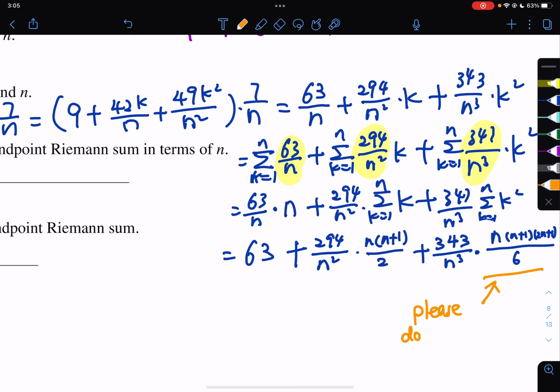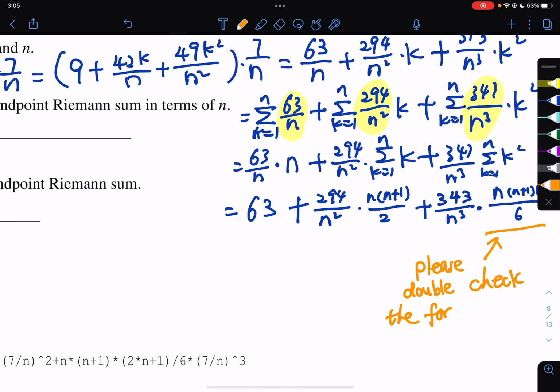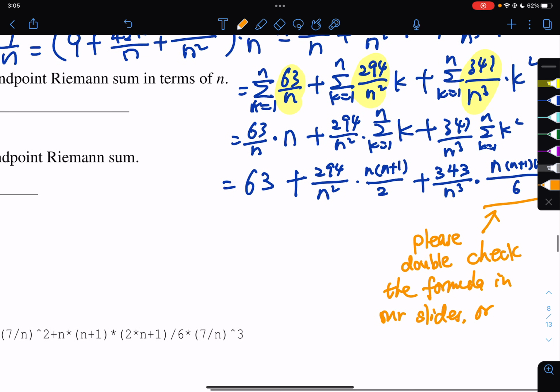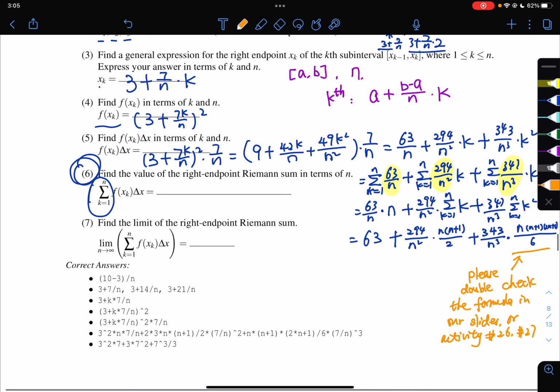Please double check the formula in our slides or activity number 26 or 27, both of which are posted on Brightspace.